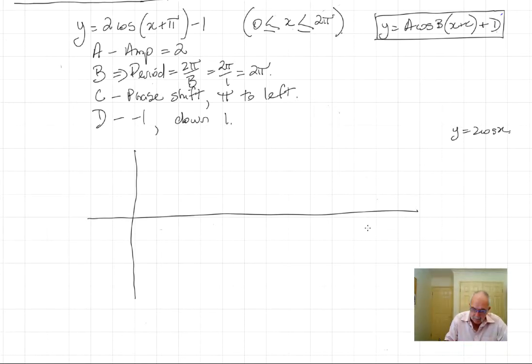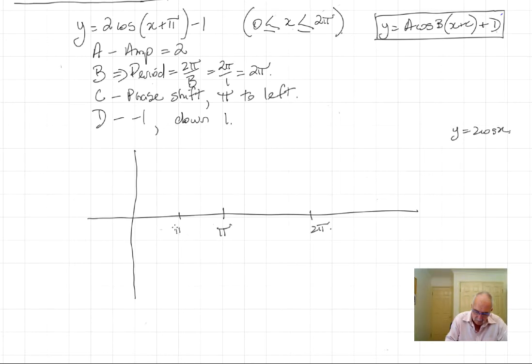Okay, so as per normal, we do one complete period out, and we know that the period is 2 pi, so we're going to go across here to 2 pi. Let's see if I can do this a little bit better. So that'll be halfway. 1, 2, 3, 4. So there's 2 pi. There's pi.